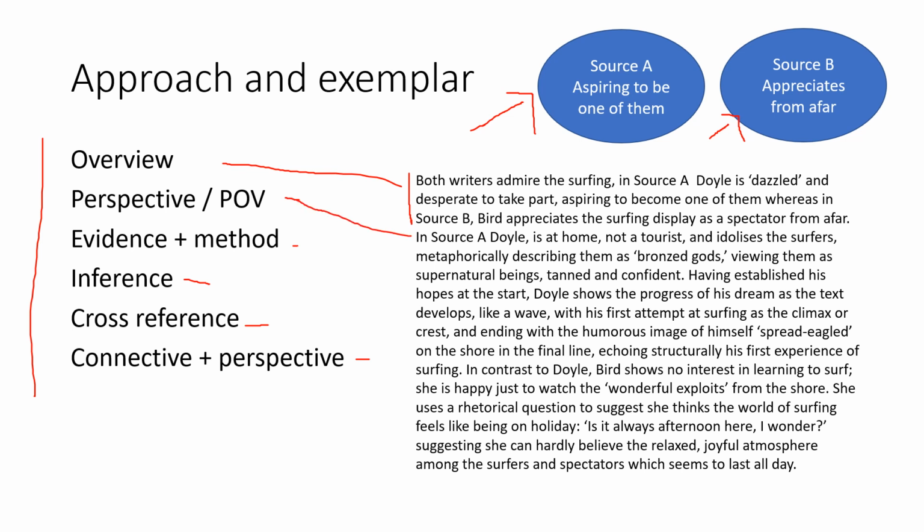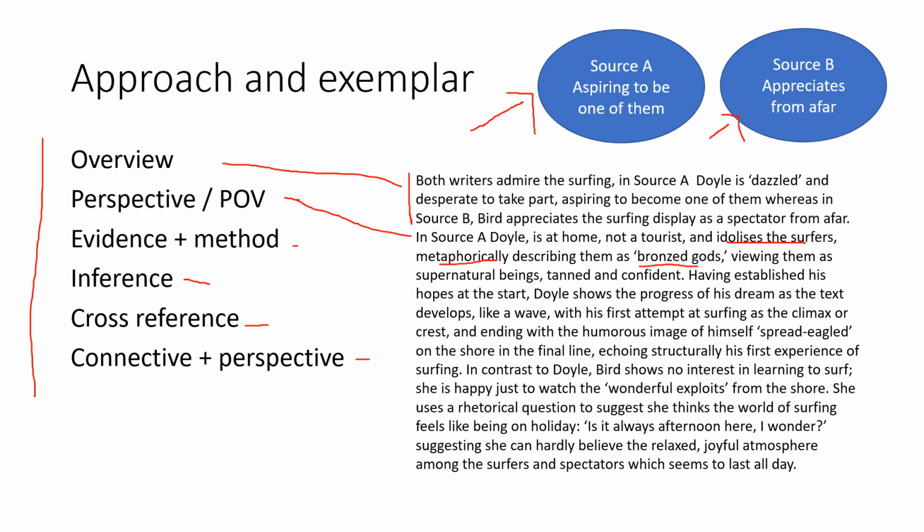In source A, Doyle is at home, not a tourist, and idealises the surfers, metaphorically describing them as bronze gods, viewing them as supernatural beings, tanned and confident.